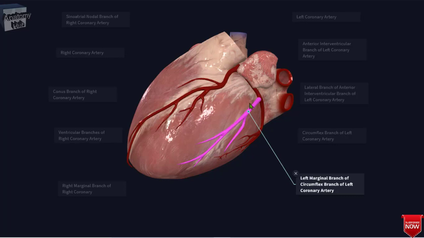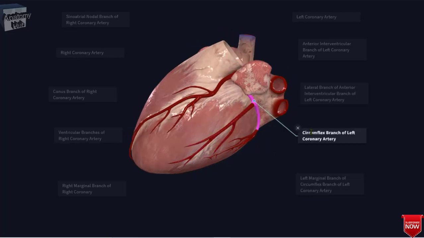The left coronary artery also gives off the left marginal artery and the left circumflex branch of the left coronary artery. In 20 to 25% of individuals, the left circumflex artery contributes to the posterior interventricular artery.